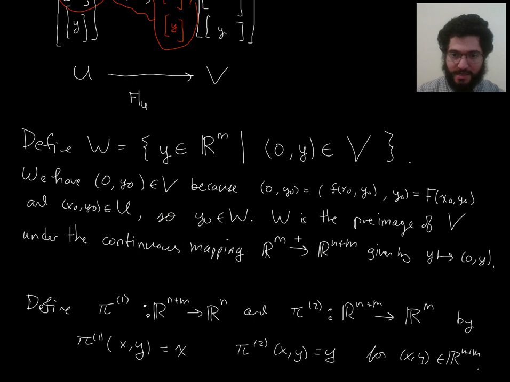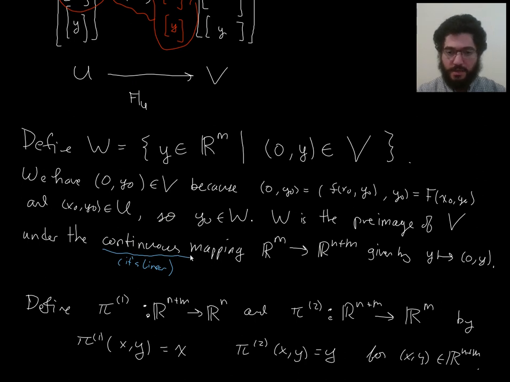It's the set of points in the domain of this embedding that get mapped by the embedding into V. The preimage of an open set under a continuous mapping is open, and so W is open. But why is it continuous? Well, here's an easy way. It's linear, and we've proven that linear maps are continuous. This is a vector space embedding, a linear map.